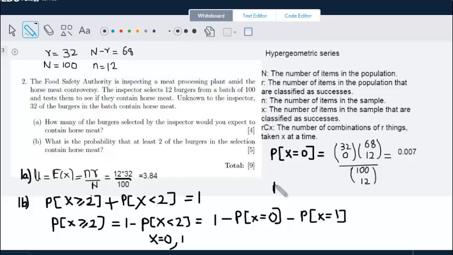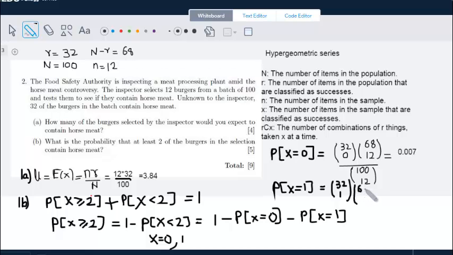Similarly, you can calculate the probability of x equal to 1. The terms containing x would change. This will become 32 choose 1, that is r choose x, and this will remain.